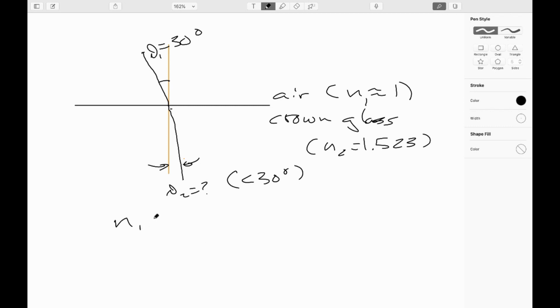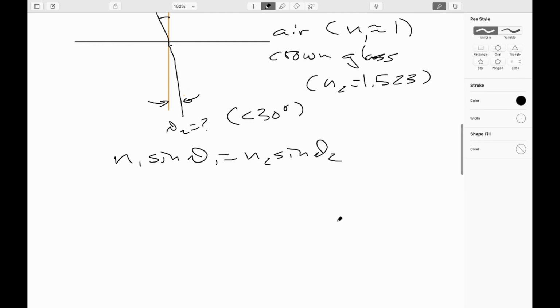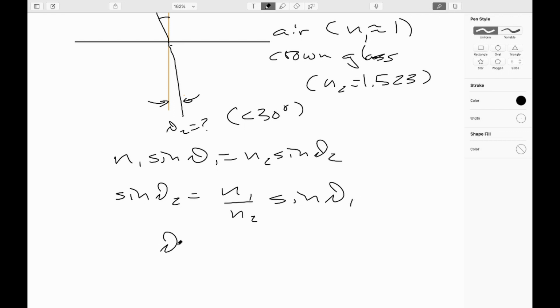All right, so we have n1 sine theta 1 equals n2 sine theta 2. Our goal is to get theta 2 by itself. So sine theta 2 will equal n1 over n2 sine theta 1. And then I need to take the arc sine of both sides. So theta 2 is the arc sine of n1 over n2 sine theta 1.